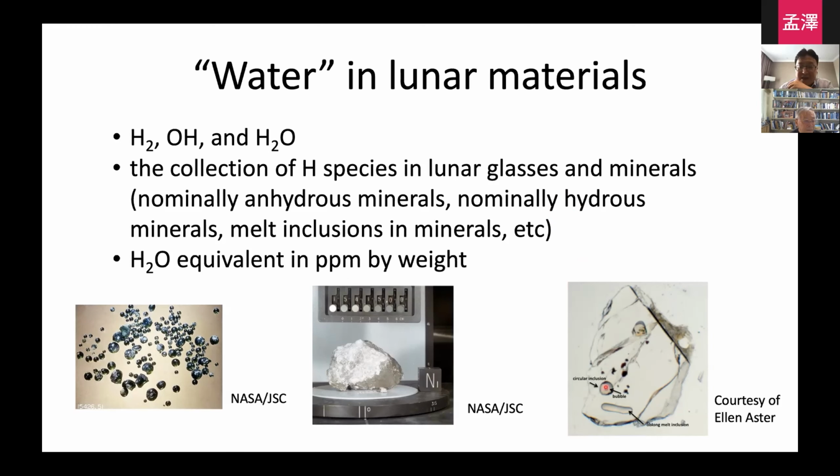This is like melt inclusions in olivine grains. Of course, the picture I show here is actually not a lunar mineral. This is terrestrial olivine. But I will show you that we did detect hydrogen in olivine melt inclusions from the Apollo 17 samples.